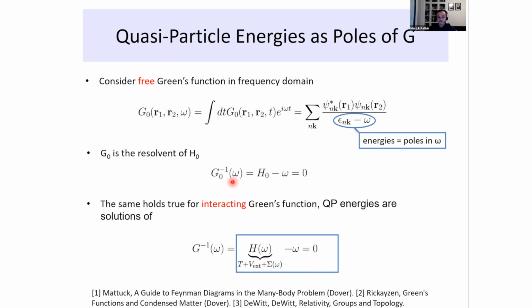So if you solve the Hedin's equations and you get a new Green's function, you're interested in the energies of the quasi-particles, and they are determined by a similar equation, but this time for the interacting propagator. And you have to solve this equation here to get the poles of the Green's function, which are the quasi-particle energies. Now, this time, the Hamiltonian, however, is depending on these poles, so it's frequency dependent, so to say.